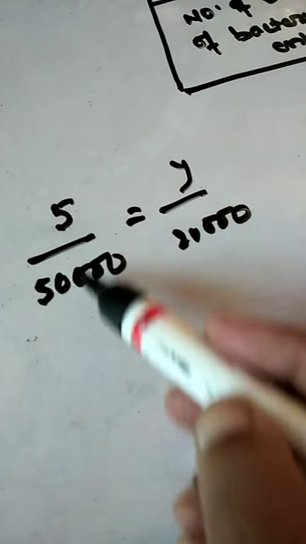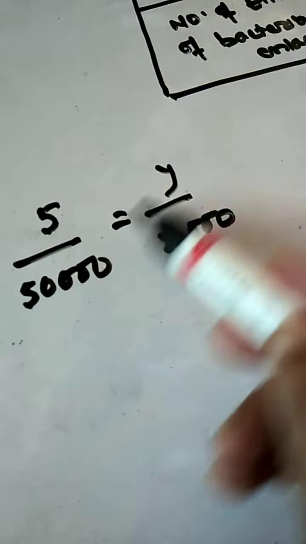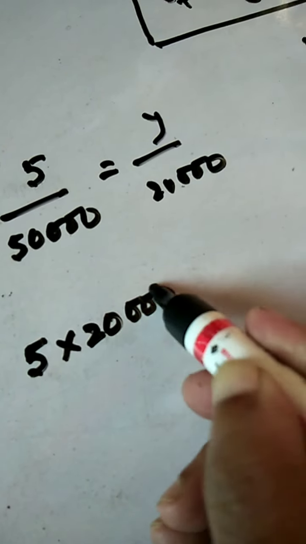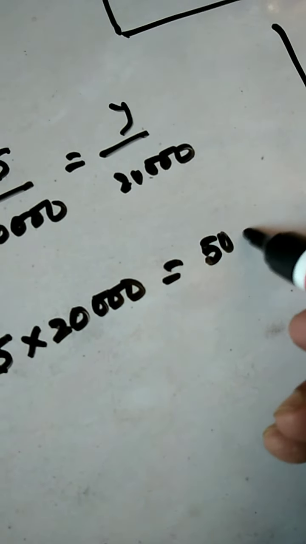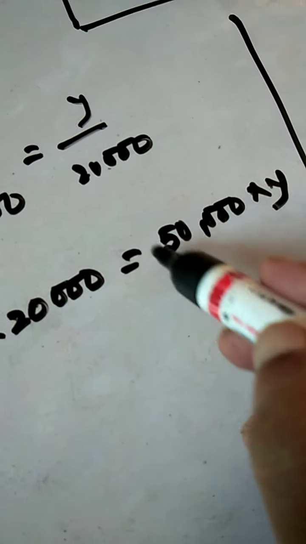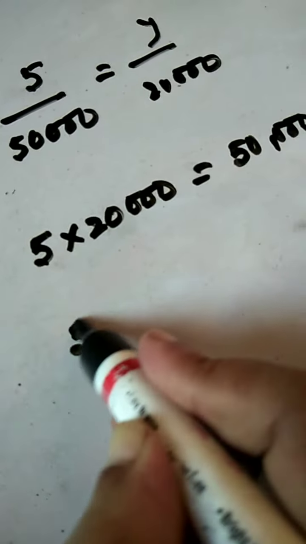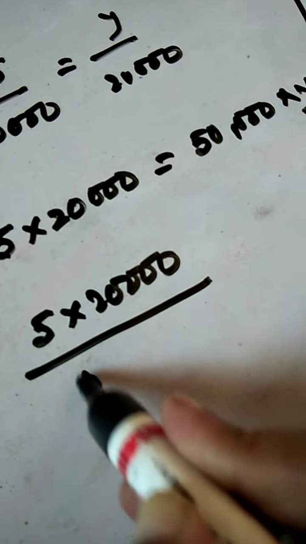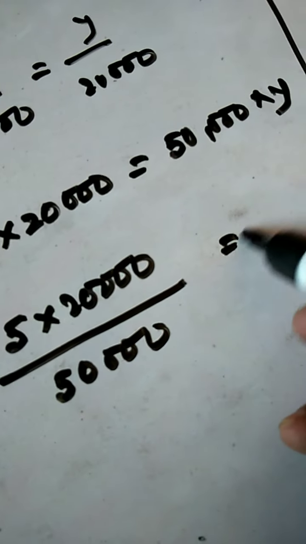In direct variation we'll write in this form and do the cross multiplication, that is 5 into 20,000 equals 50,000 into y. Now we transpose this 50,000 to the left hand side, so the answer would be 20,000 upon 50,000 equals y.